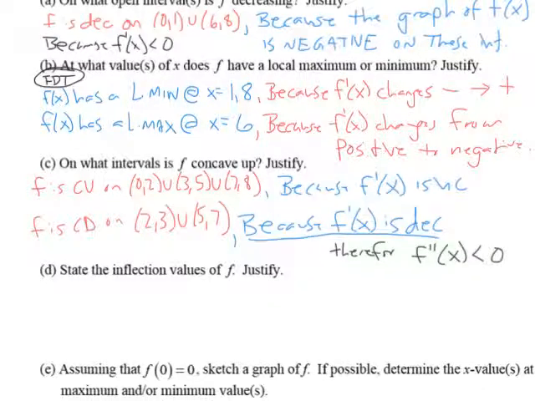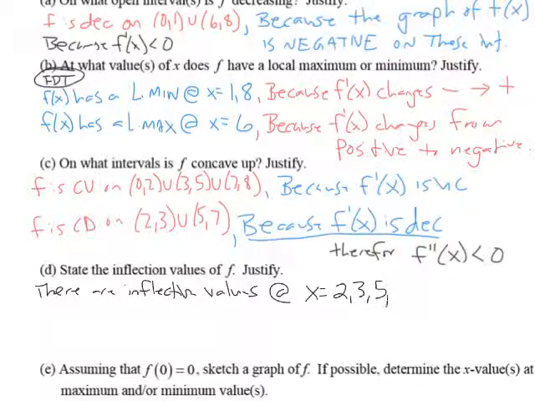So let's write this down here. There are inflection values at x equals 2, 3, 5, and 7. We can't label them as points because we don't know the original function, and thus we don't know what the y coordinates are for these particular x coordinates.